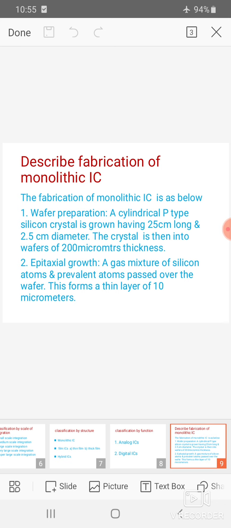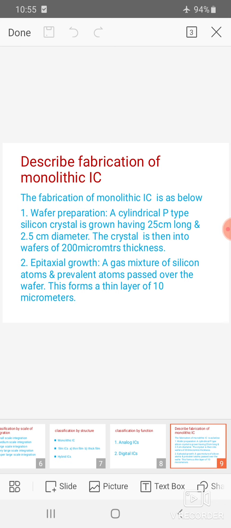Here a cylindrical p-type silicon crystal, 25 cm long and 2.5 cm in diameter, is taken, and then the crystal is cut into wafers of 200 micrometers thickness. That is, one wafer has 200 micrometer thickness and 2.5 centimeter diameter.